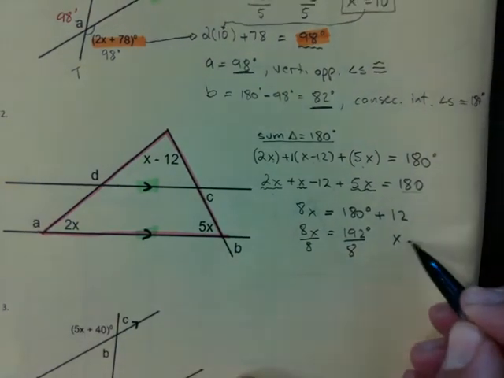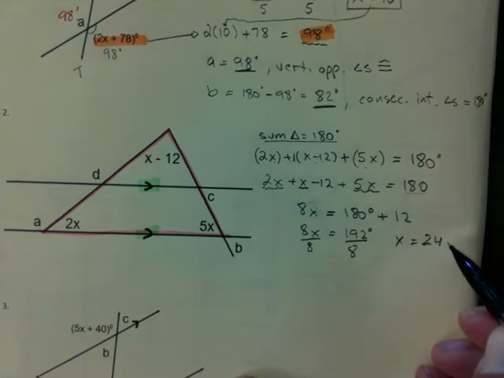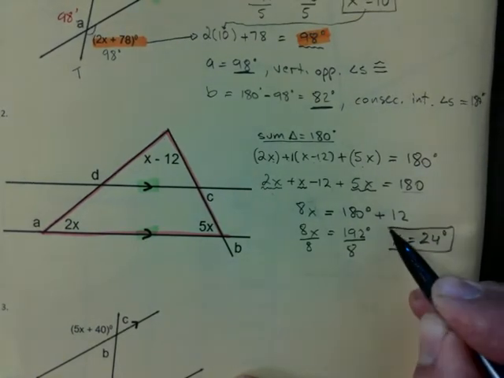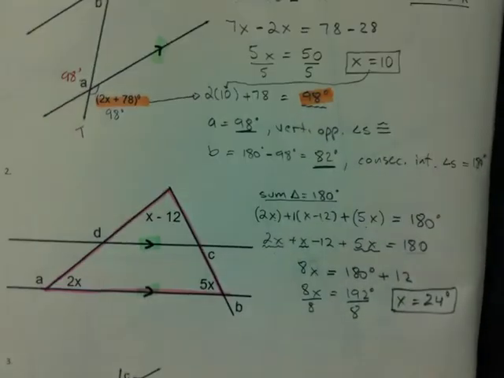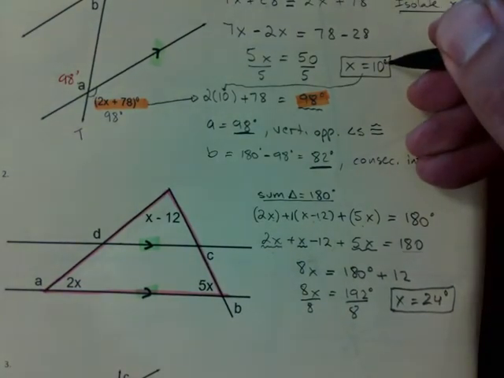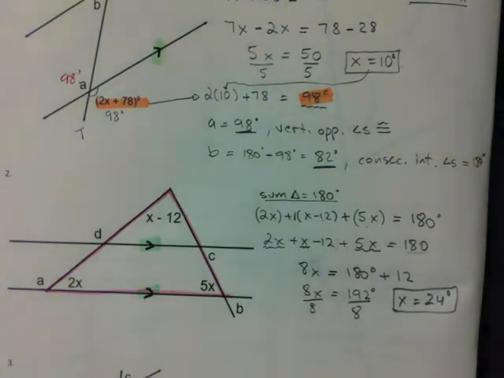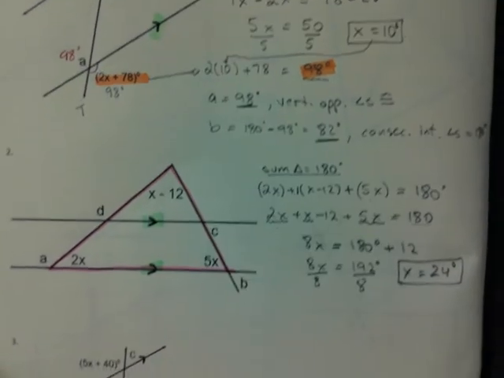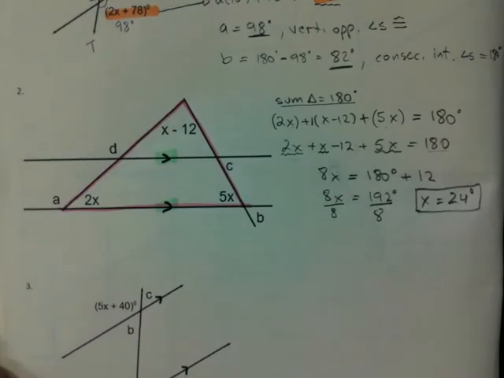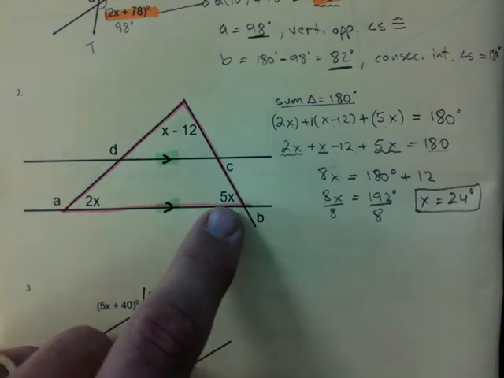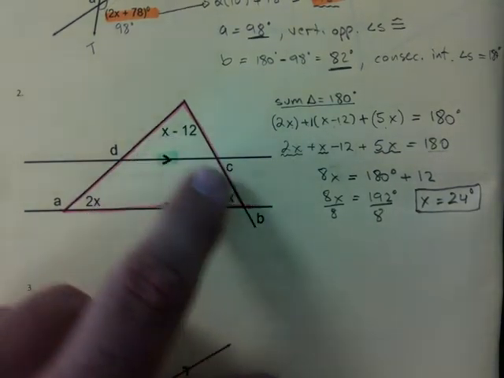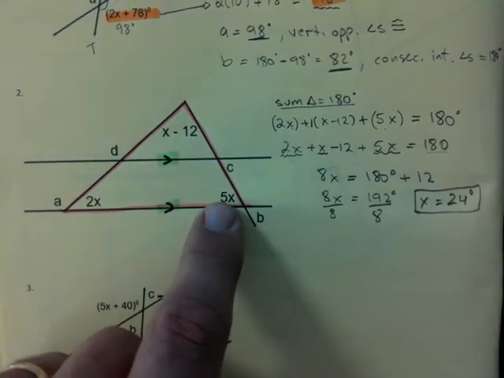Don't want to get it wrong in your notes. 24 degrees, that is. So you just found, by the way, up here, when you found the 10, that was also in degrees, right? We're solving for angles. So 24 degrees. And now you could solve for A, B, C, and so forth. But this is what you want to do first. Pick one of these and just plug x into them.